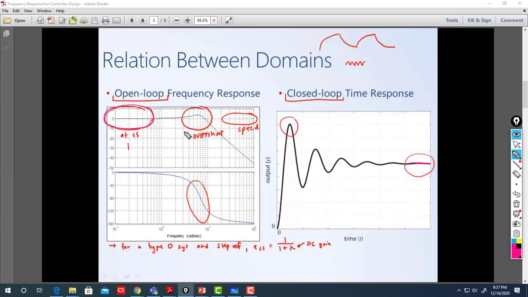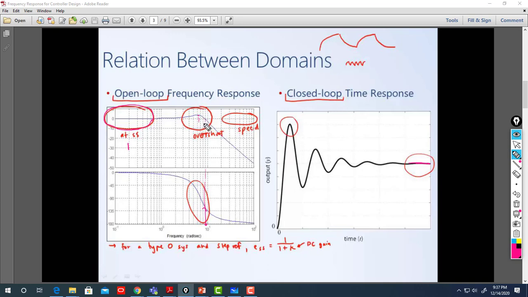Second is the crossover frequency. We know 0 decibel is here, and from here to here you have the phase margin, right? And this is the crossover frequency, and here is the peak resonant frequency.